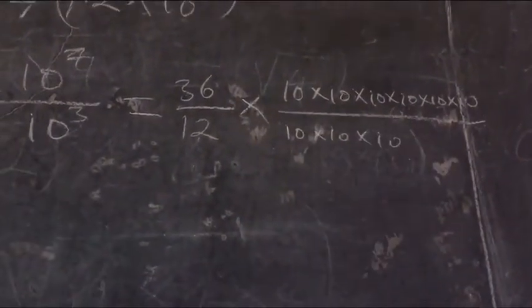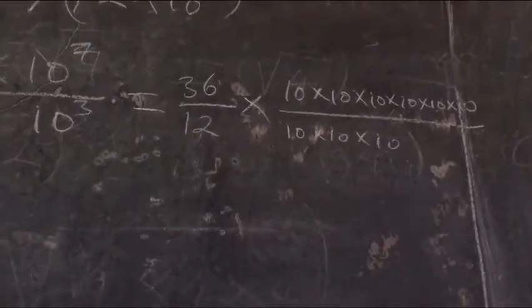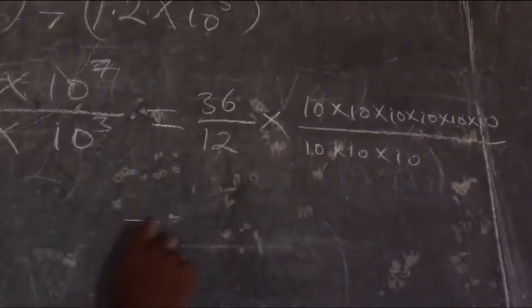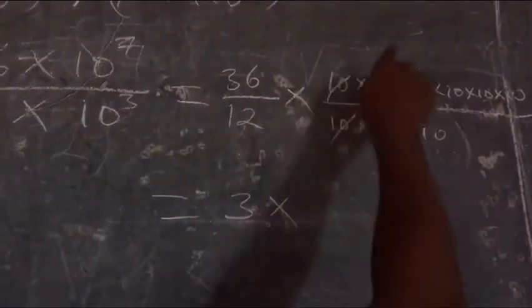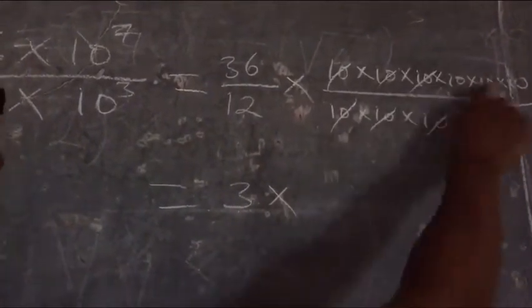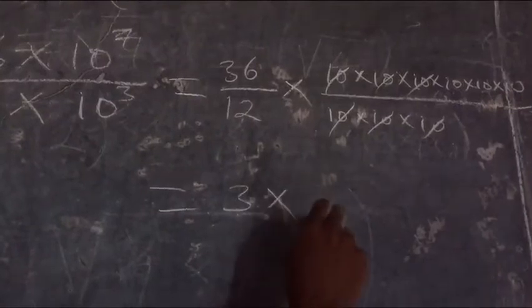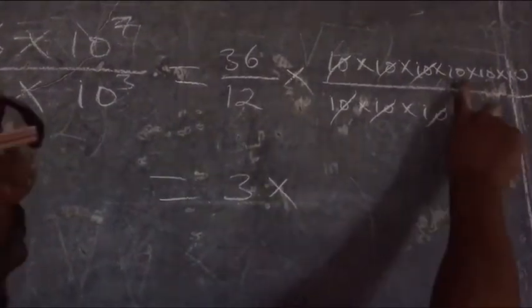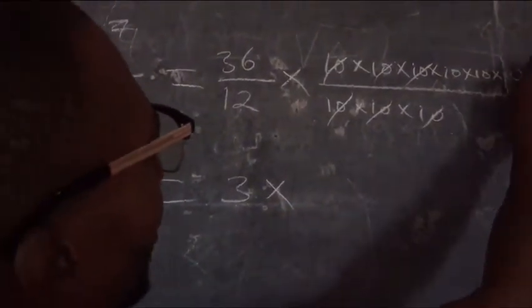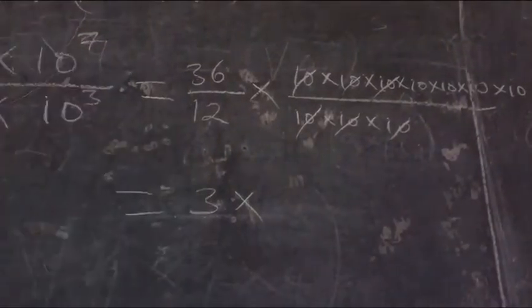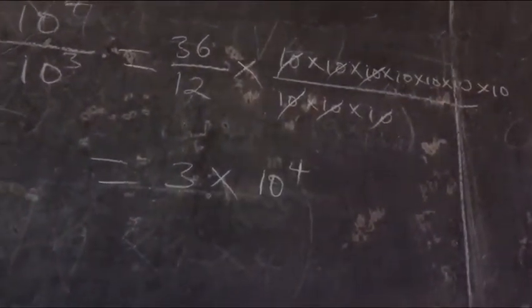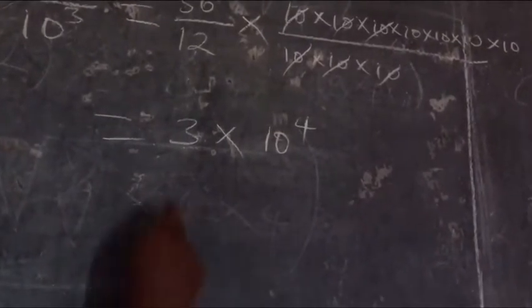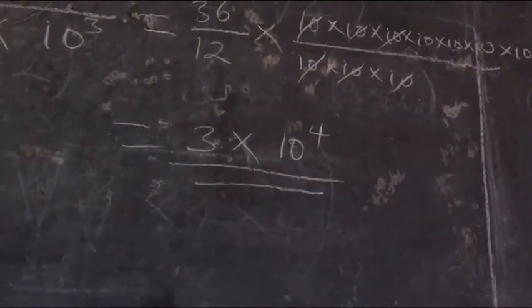So 36 divided by 12 will give me 3, times this one will cancel. What do I get? 1, 2, 3 tens cancel, so I will get 10 raised to the power 4. So that is my answer.